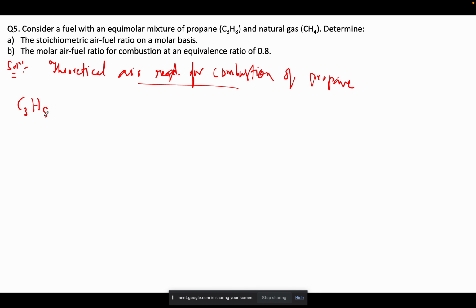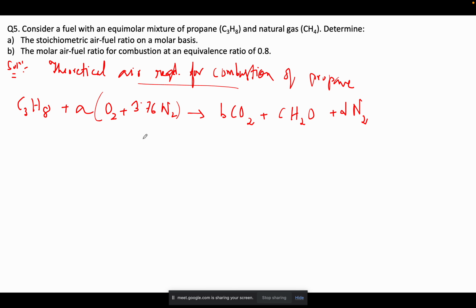C3H8 plus A times O2 plus 3.76 N2 will give B CO2 plus C H2O plus D N2.